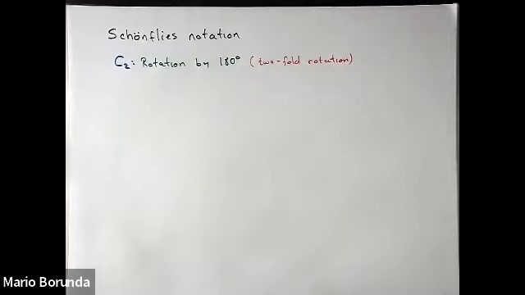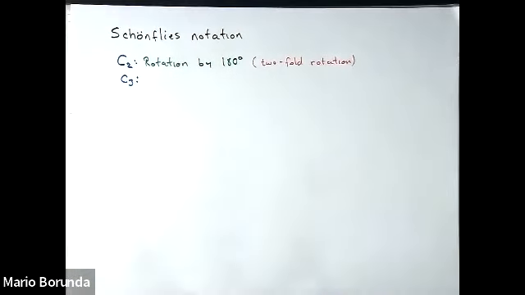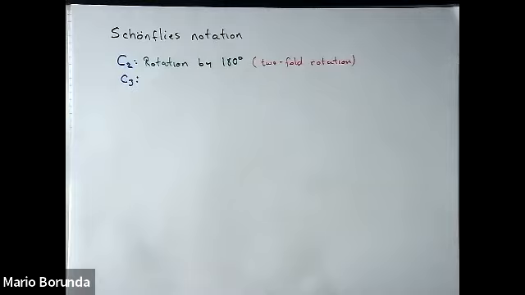So you see that this C means that it is rotation. And what you would do is specify a rotation around what point, right? So similar to that, we would have C3, which is the same thing, rotation but now by 120 degrees.